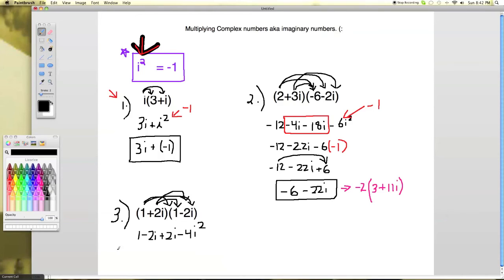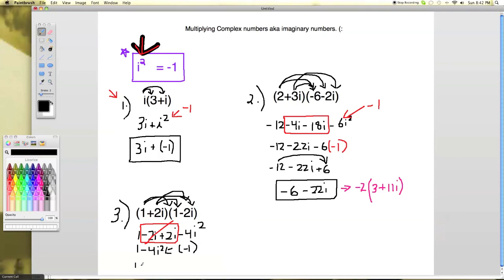We bring down the 1, and we know that this is going to cancel out because positive 2i and negative 2i will equal 0 if you add them. So that cancels out, and we just bring down the negative 4i squared. And we know that i squared equals negative 1.